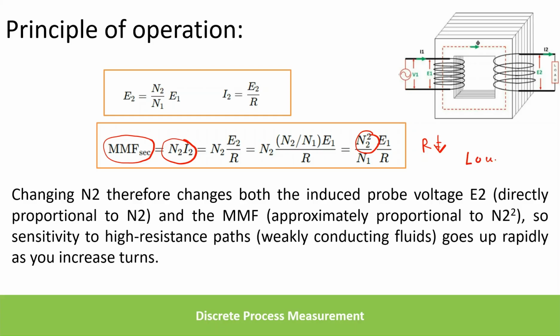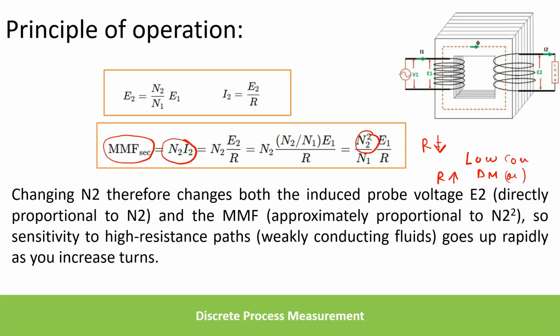For low conductive fluids like DM water, demineralized water or distilled water, where the resistance is very high, to generate the same magnetomotive force you need to use more N2 turns. So depending upon your application and fluid, you need to select the inductive relay according to the number of turns.